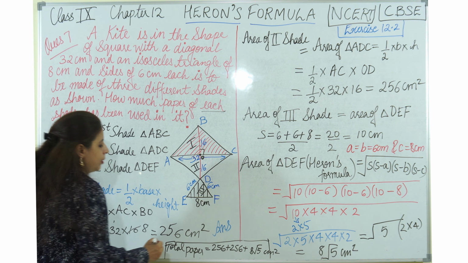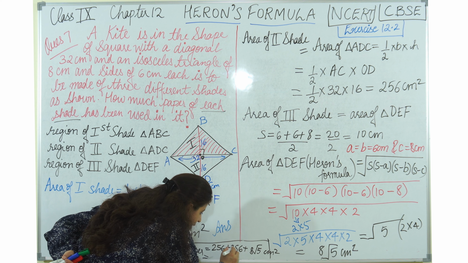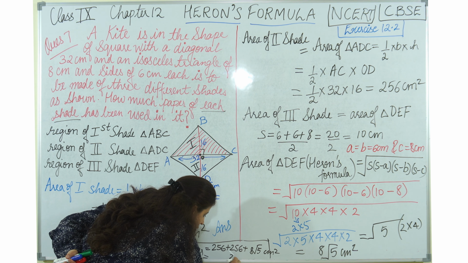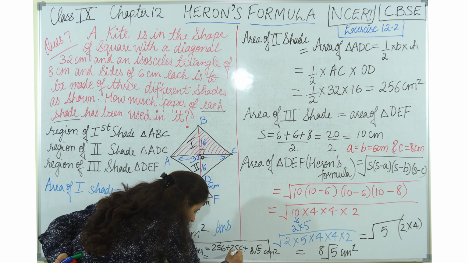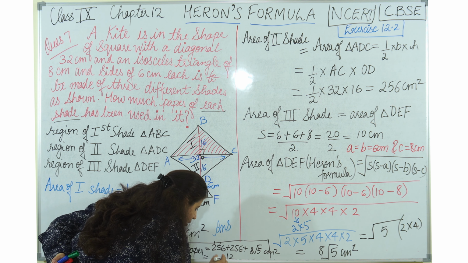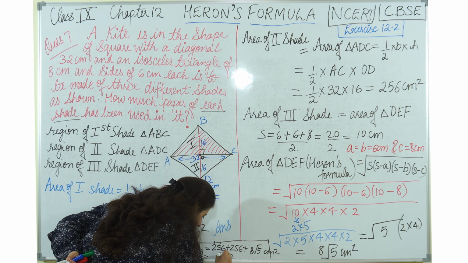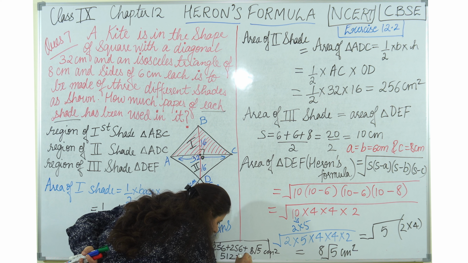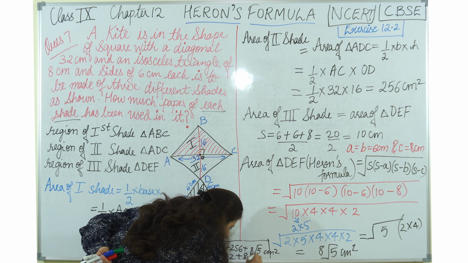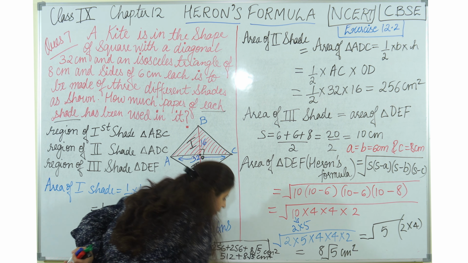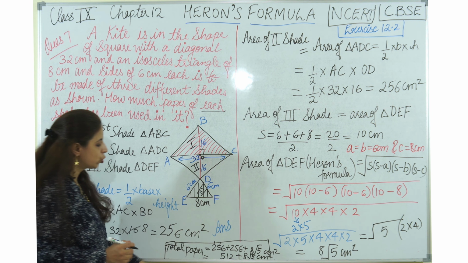This is the total paper required, so it can be written as 512 plus 8 under root 5 centimeter square. And individually, the paper required for the 3 shades are 256, 256 and 8 under root 5 centimeter square.